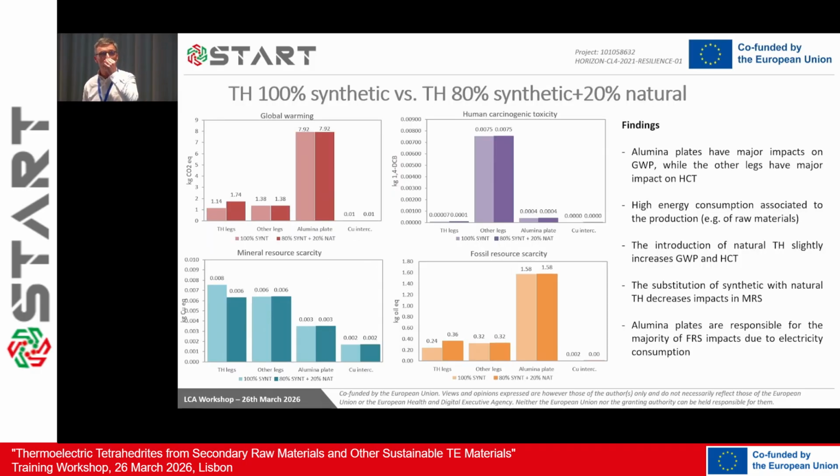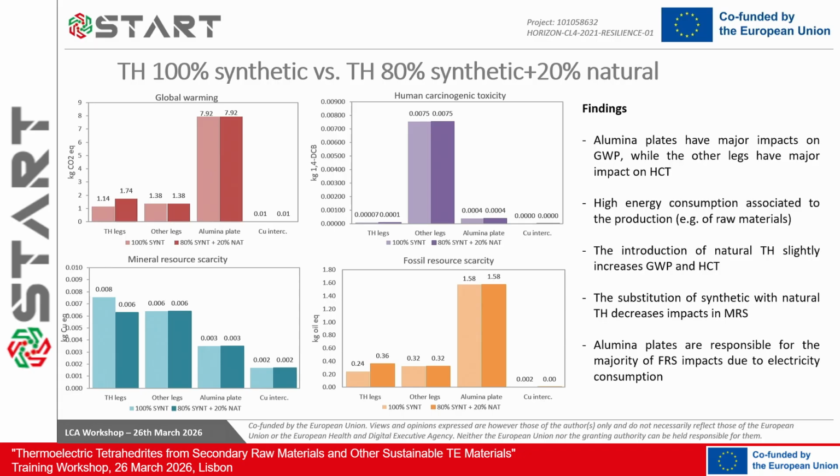And so here are some of the results. Here we are basically comparing the 100% synthetic with the use of 20% natural tetrahedrite. So differences are very slight. The amount of natural tetrahedrite is also small in this comparison.